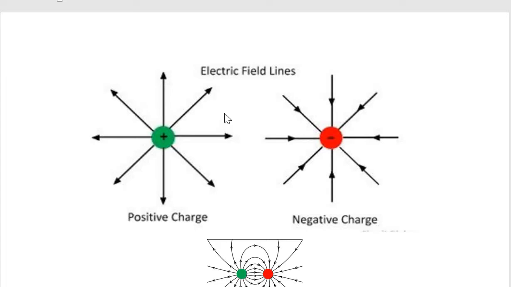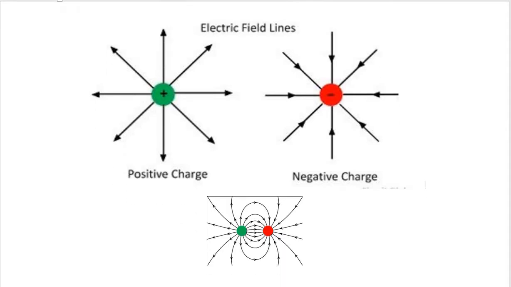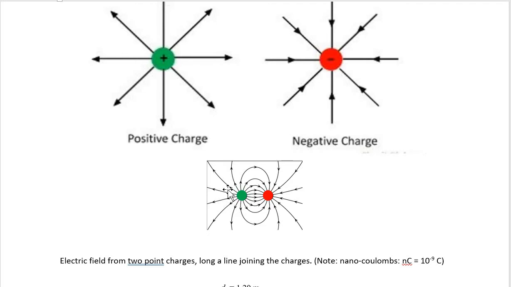Why? Well, if we put a positive test charge out here, won't it be repelled from this charge and attracted to that one? And how you would determine exactly how it moves is given by this picture here. This is when you connect the lines, and that's called a dipole field. Two charges of equal strength. The electric field lines are continuous in this region, but they're actually discontinuous because they emerge from this point and they converge to this point.